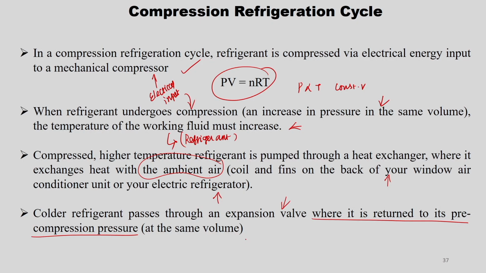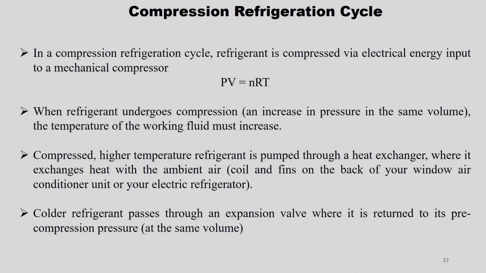So, there it reduces its pressure, then low temperature, low pressure, then it goes to compressor where its pressure is increased to higher value, right. So, this is the basic process involved in the normal compression cycle. It has compression, evaporation, condensation and then expansion.